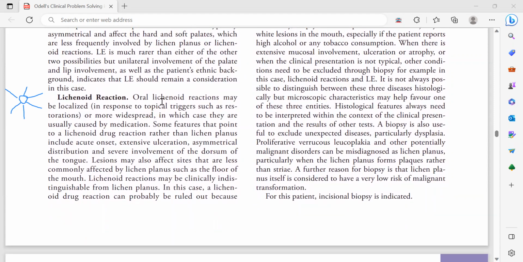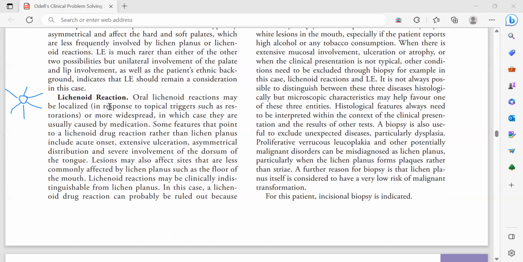Then the lichenoid reaction. Oral lichenoid reactions may be localized or more widespread. So we know if they are happening due to a localized cause, it could be something like any restoration, or it could be systemic. How can the systemic happen?